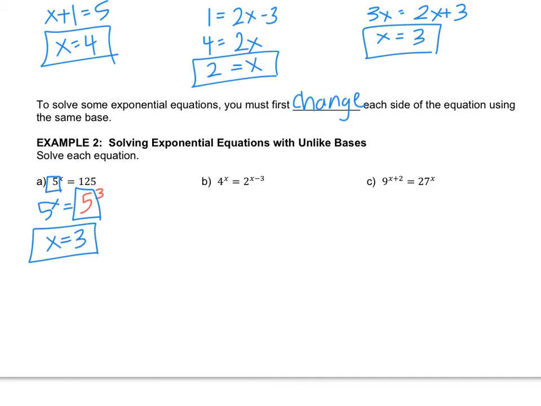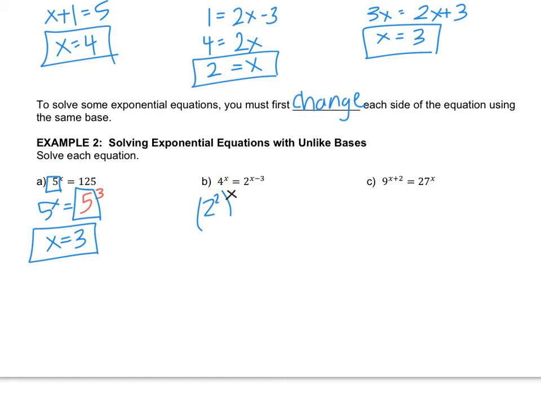So when we look at example B, we have a 4 and a 2. Now 4 is 2 squared, so I can change it to have a base of 2 by rewriting it as 2 squared to the x. So what I'm doing is replacing the 4 with 2 squared.